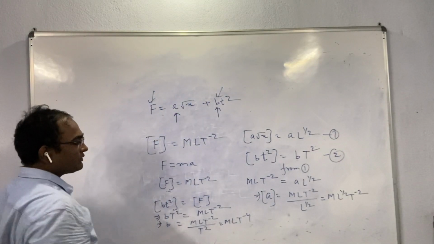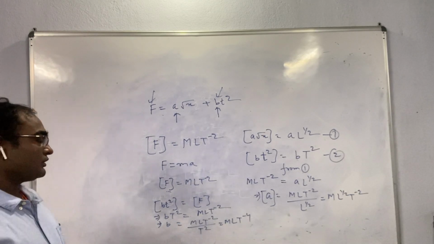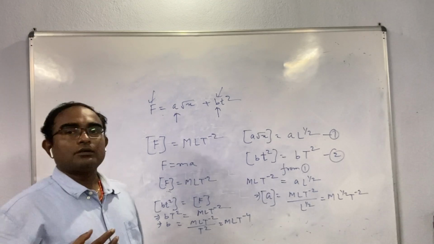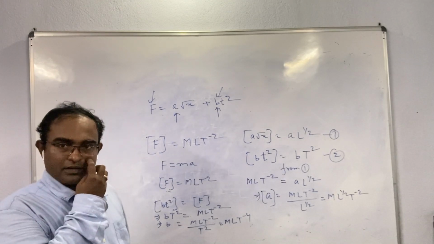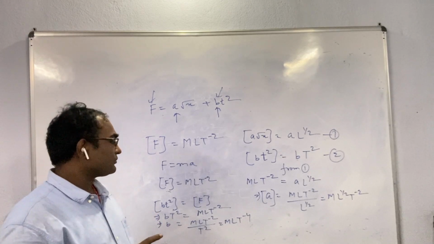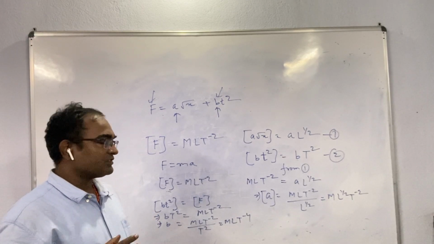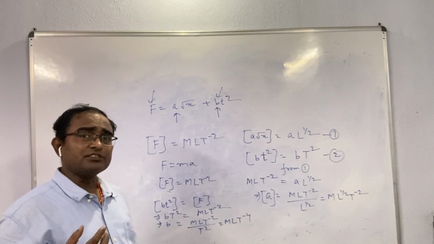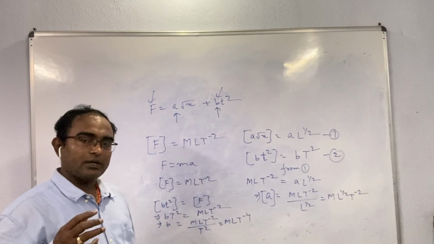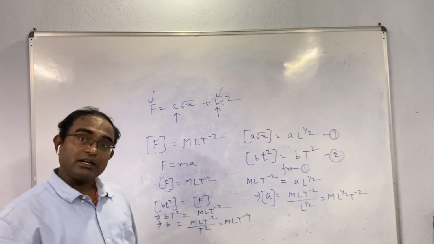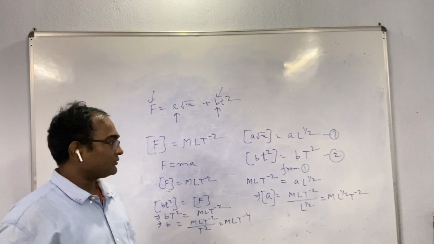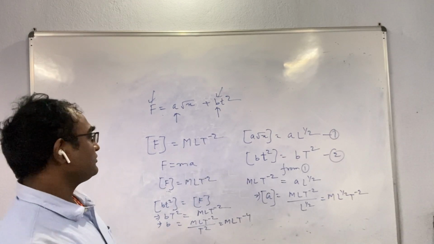In this way we can represent the dimension of variable b. From this equation, what I want to say is that whenever we represent any kind of equation, it has uniqueness and consistency: the dimension, or in other words the unit, of each term should be equal. From that relation we are able to do this.